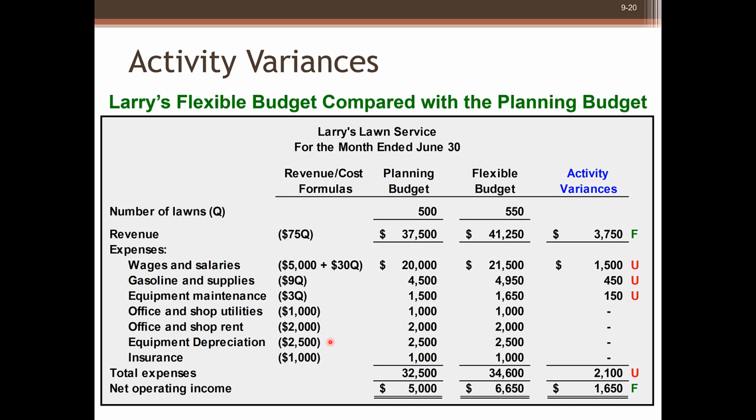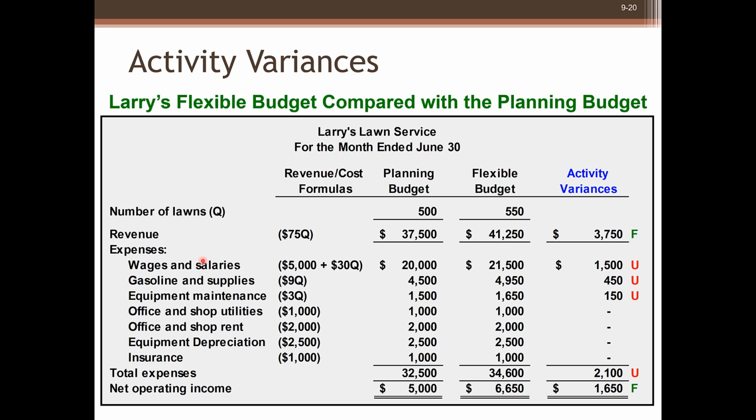For fixed expenses, they are constant, so you can see that regardless of how many lawns are mowed, they are the same. Here, revenue in the flexible budget is 10% higher than the planning budget because revenue varies proportionally to changes in the activity level. The higher activity level results in a favorable activity variance for revenue.